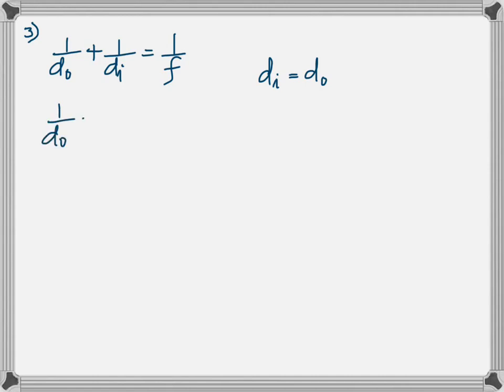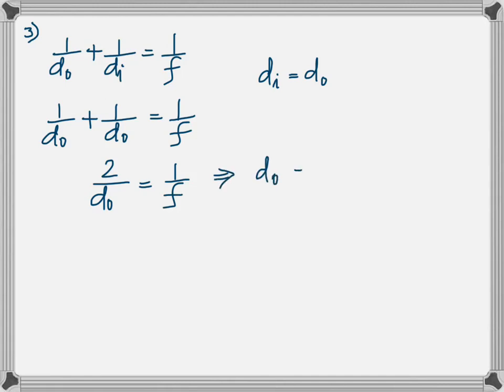Now we know that di is equal to do because the magnification is given by -di by do. So -di by do is -1, therefore di is equal to do.